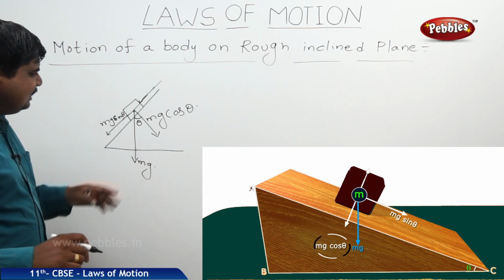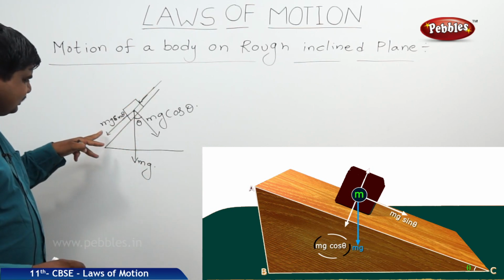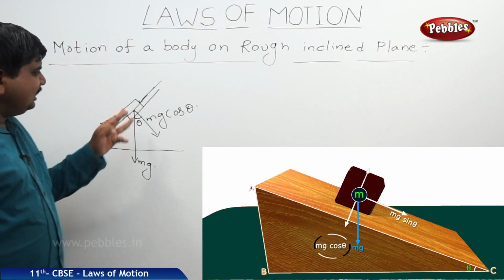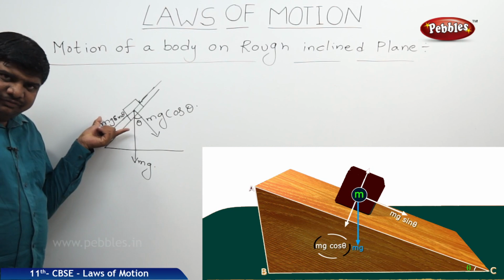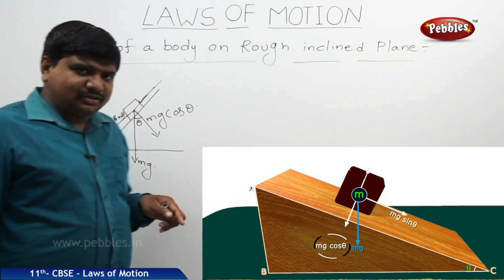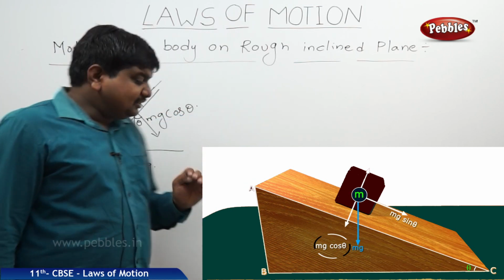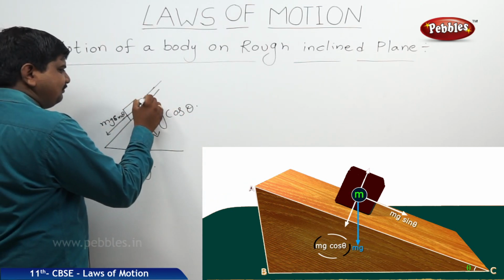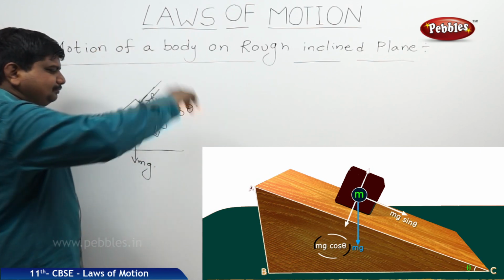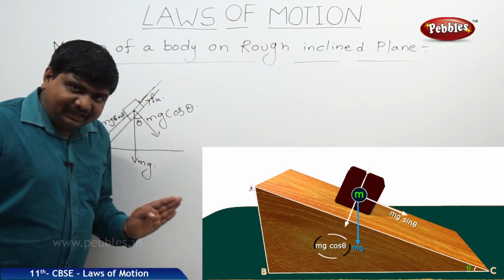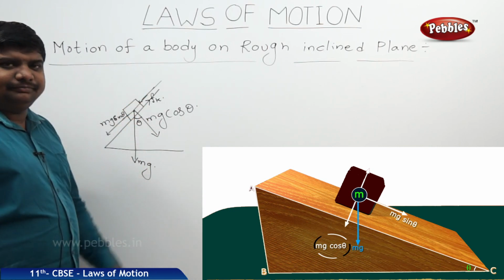So we can say the net force in the direction of the motion is mg sin theta. But if the body is moving on a rough inclined plane, along with the applied force, one more force is also acting. That force is nothing but the force of friction. This force of friction is offered by the roughness of the surface, which is always in the opposite direction. We are writing Fk because it is a kinetic friction, because the body is sliding or moving.